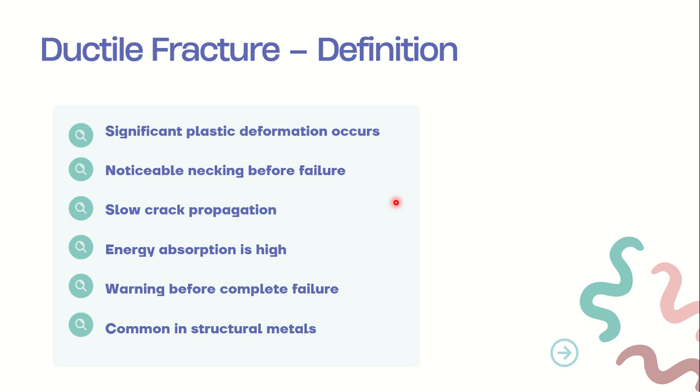We will not see the necking in brittle fracture. Then slow crack propagation. The crack propagation is very slow in the ductile fracture. The energy absorption is high because of the slow crack propagation. Warning before complete failure. This point is similar to the noticeable necking before failure.